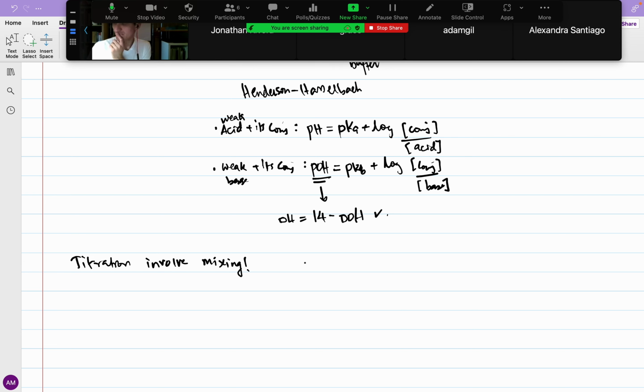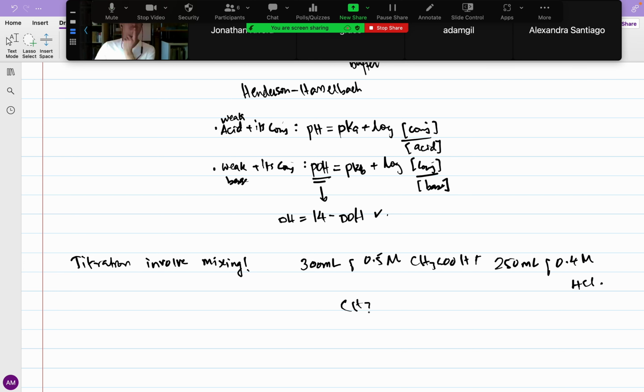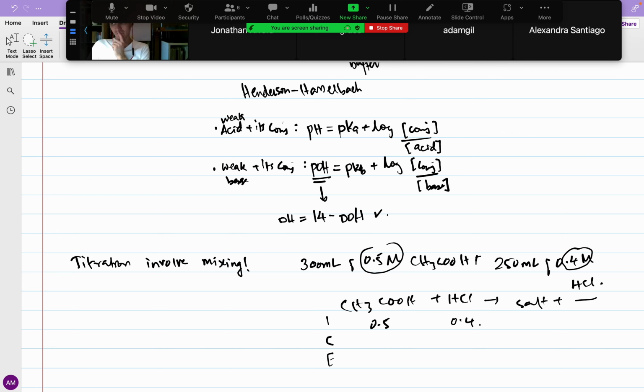So for example, if you combined 300 milliliters of 0.5 molar CH3COOH with 250 milliliters of 0.4 molar HCl, you might be tempted to draw your ice table, give salt and water, blah, blah, blah, and then immediately put CH3COOH is 0.5, HCl is 0.4, and go from there.